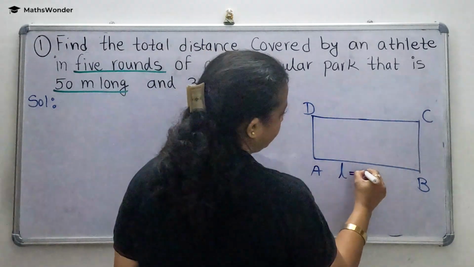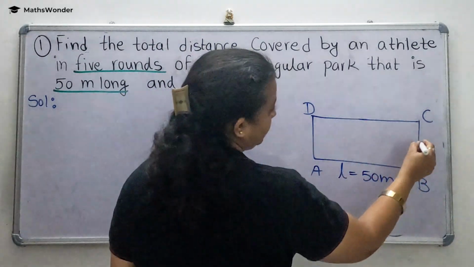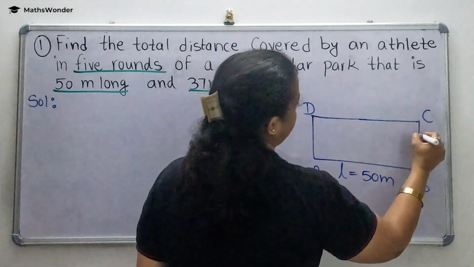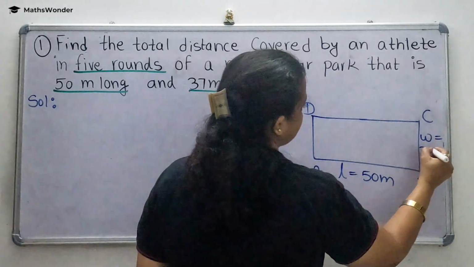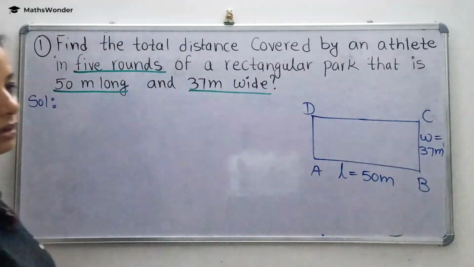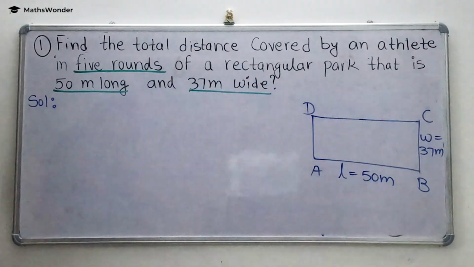You have to find the 5 rounds of the rectangular park, basically the total distance.